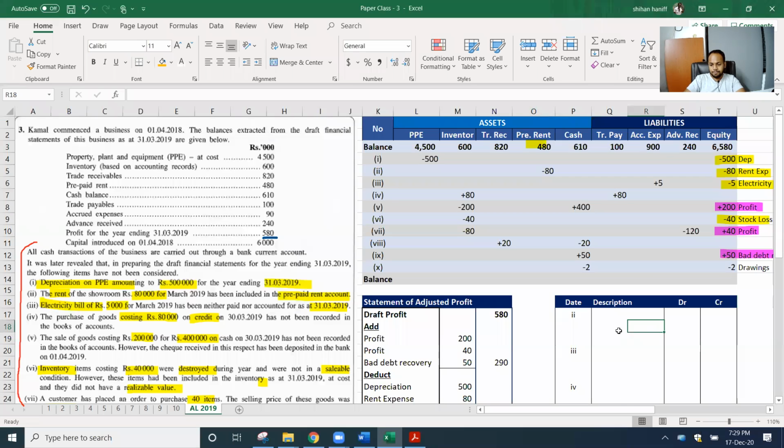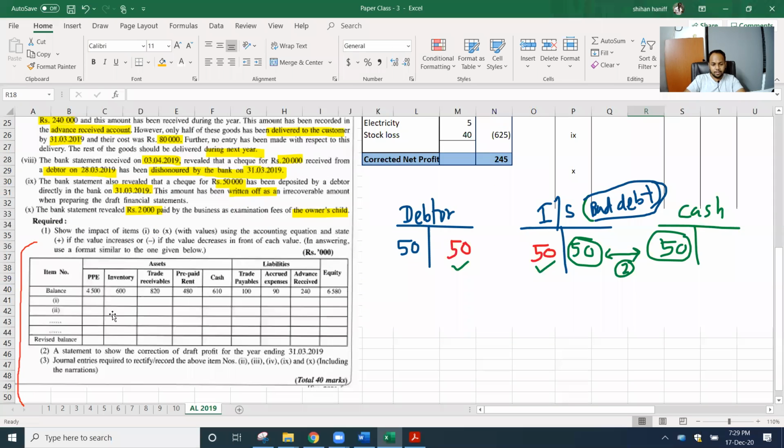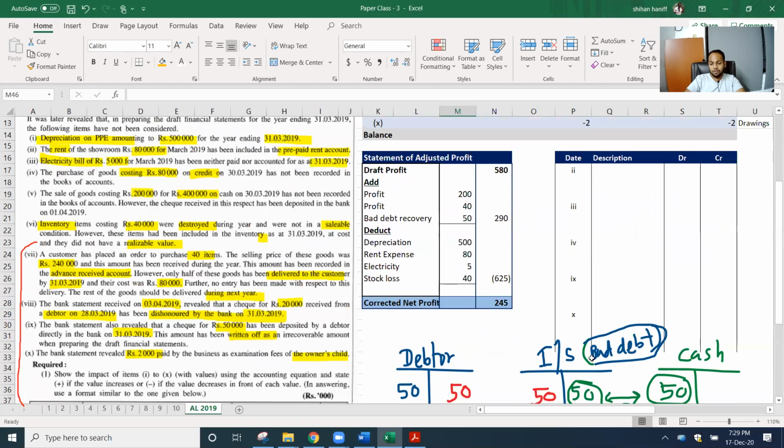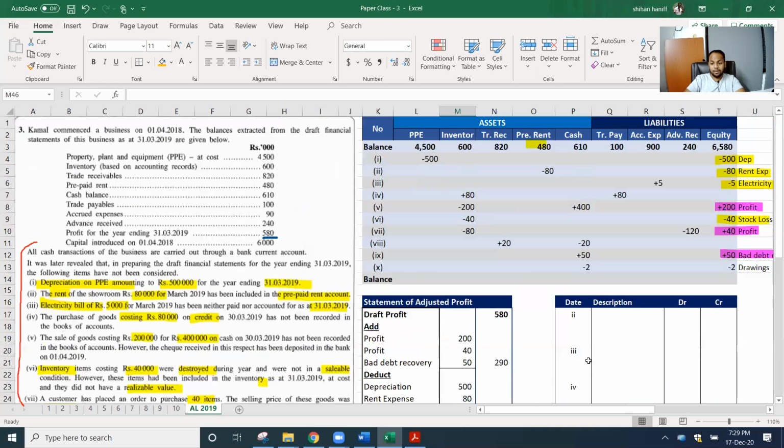Now we have the third one. Then they ask journal entries required to rectify or record the above item numbers 2, 3, 4, 9 and 10, including the narration. So if you don't write the narration, they have reduced 2 marks out of the total marks.